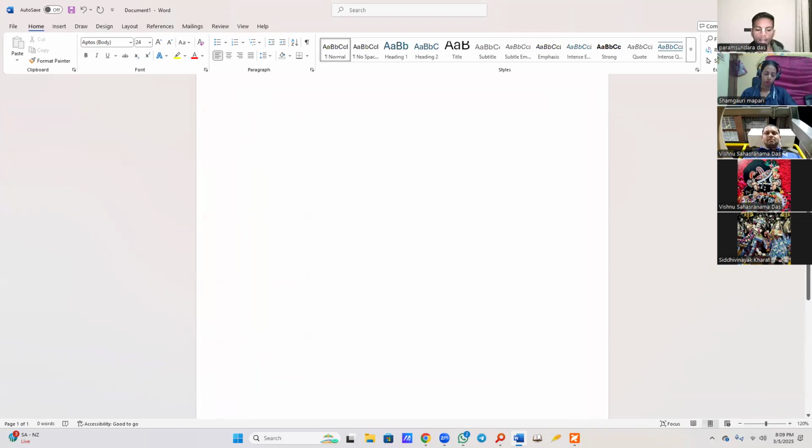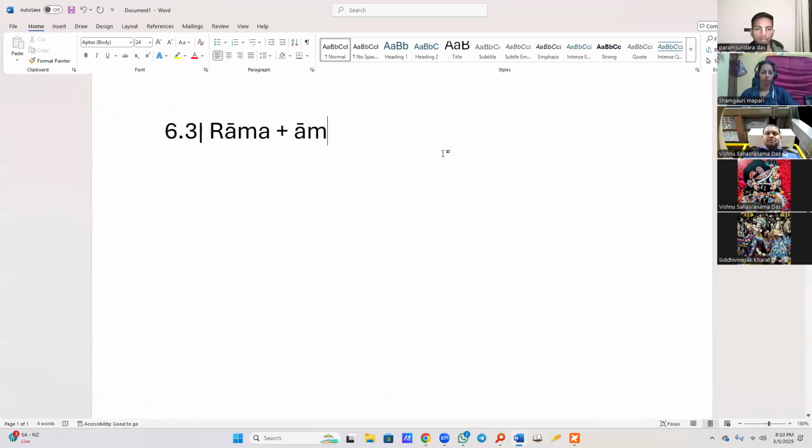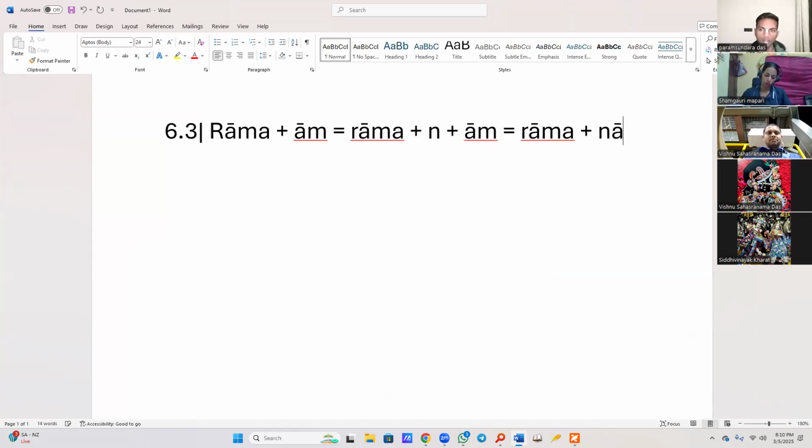For example, we have 6.3 Rama plus, right? So we apply the sutra Vamana Gopi Radhabhyo Nut Ami. So we insert Nut and then we get Rama plus Nam, right?